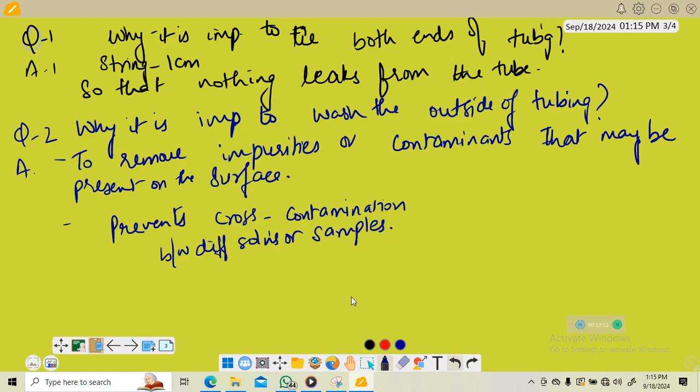If the tubing is not washed, there may be leftover residue or particles from a previous experiment that could mix with the new solution and give inaccurate results.